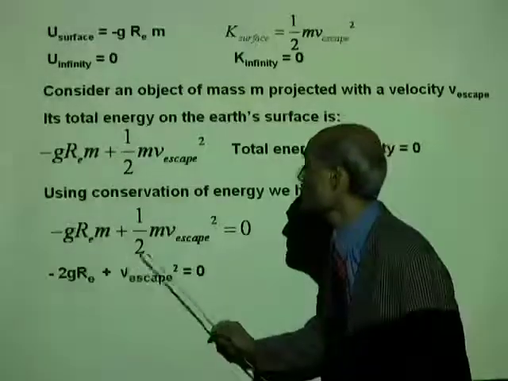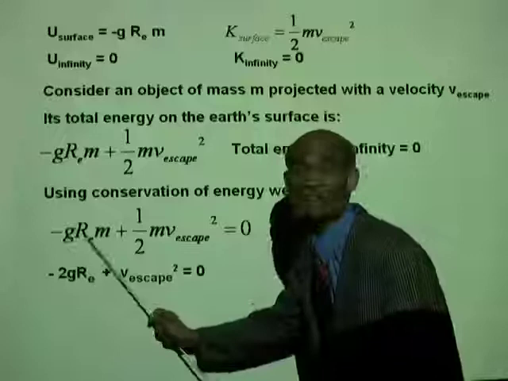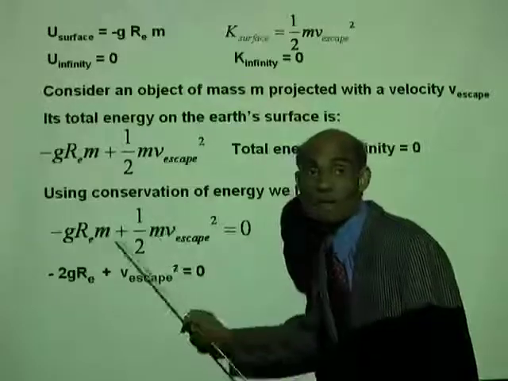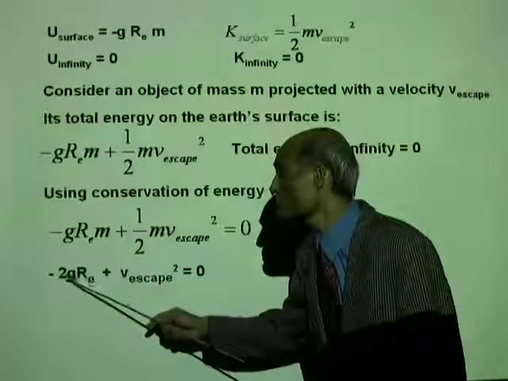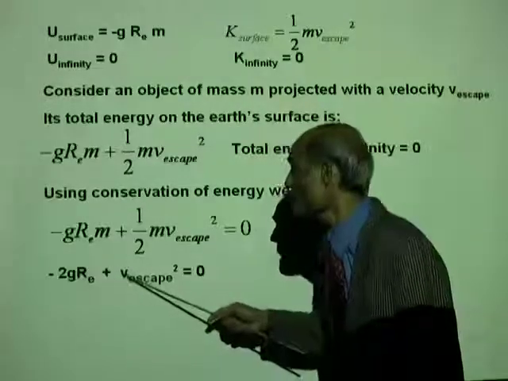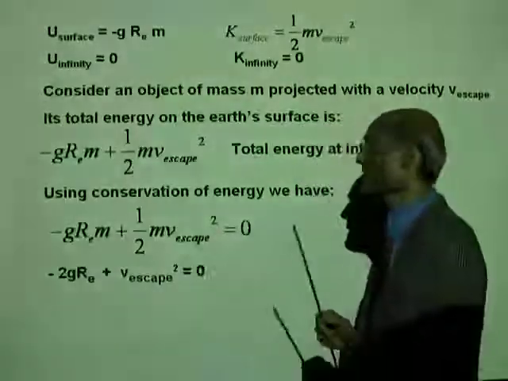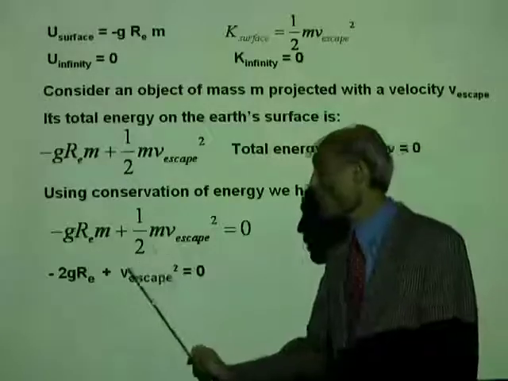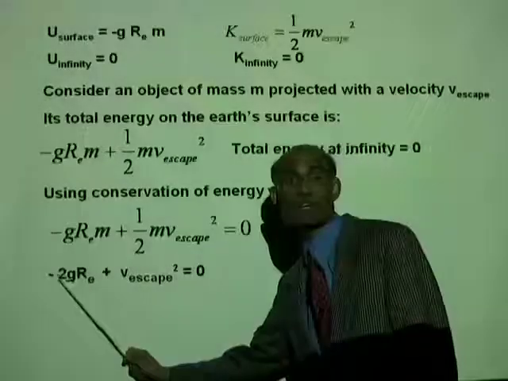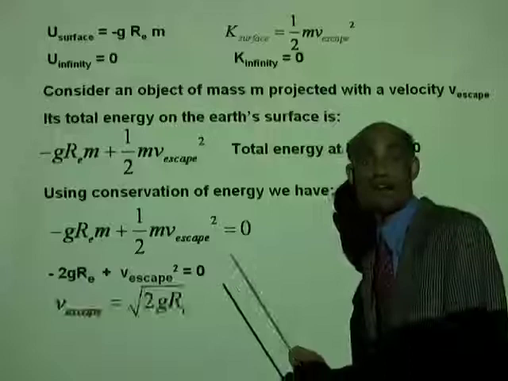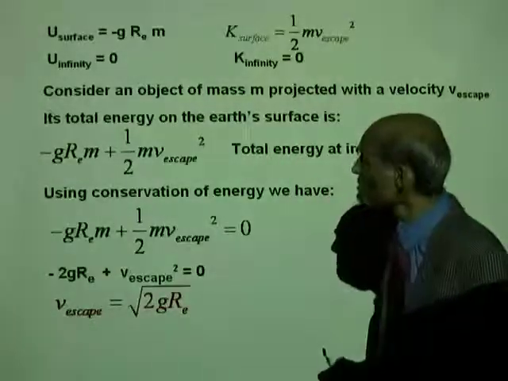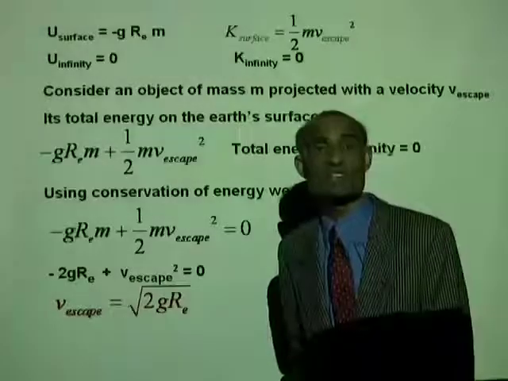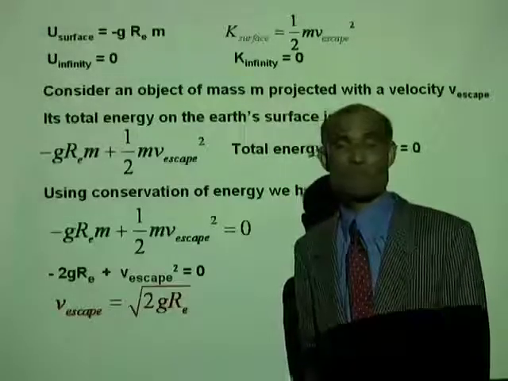And that means multiply by 2 and divide by m. m will cancel. Multiply by 2: -2gRₑ + v_escape² = 0, or v_escape² = 2gRₑ, or v_escape = √(2gRₑ).